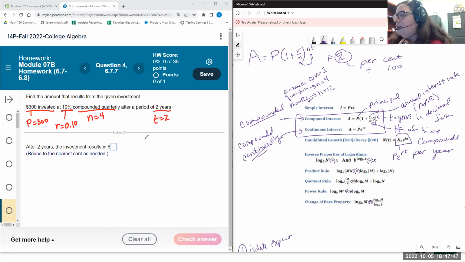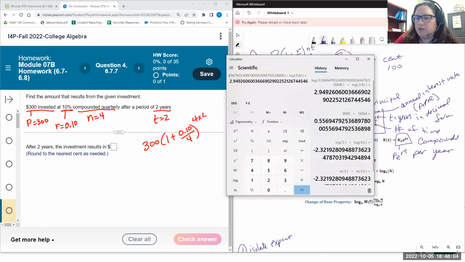So plugging it all in, you'd be calculating 300 times 1 plus 0.10 over 4 to the 4 times 2 power. Now, the thing to watch for when you're putting this in the calculator, a few things. So I can just put the whole thing in pretty much as is.